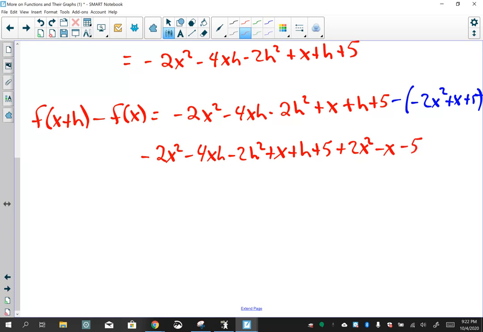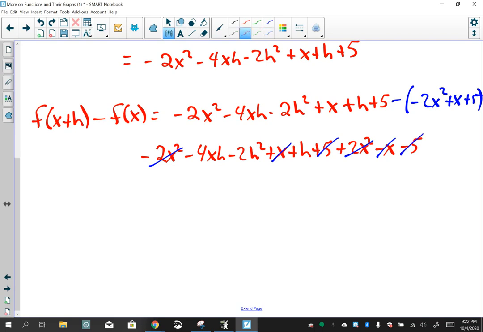So if you did this correctly, anything that doesn't have an h should cancel out. So this negative 2x squared is canceling with that 2x squared. This x is canceling with that negative x. And this 5 is canceling with that negative 5.